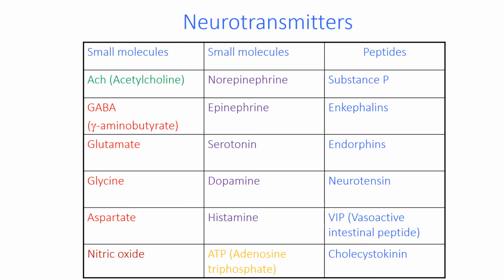The role of neurotransmitters can be performed by various substances. The total number of neurotransmitters is well over 100.